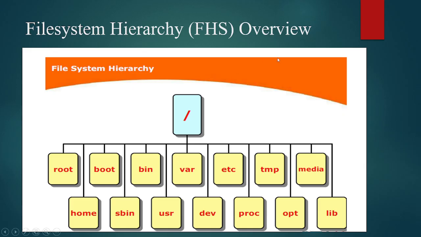So first we see the slash, then the root file system, home, boot, sbin, bin, usr, var, dev, etc, proc, tmp, opt, media and lib. These are the file systems present under the Linux servers. You can see these after the installation.